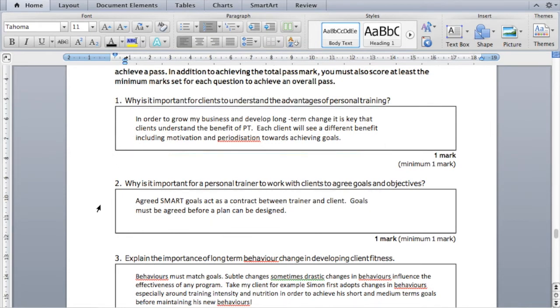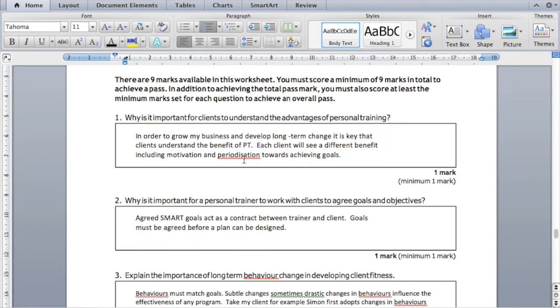So the first question, why is it important for clients to understand the advantages of personal training? So you can see here I've written down, in order to grow my business and develop long-term change, it is key that clients understand the benefit of PT. Each client will see a different benefit, including motivation and periodization towards achieving goals.